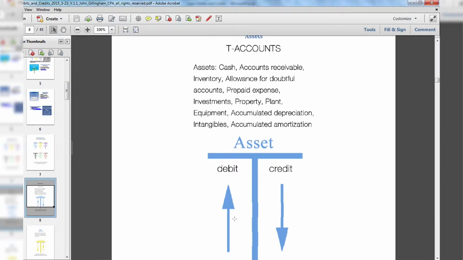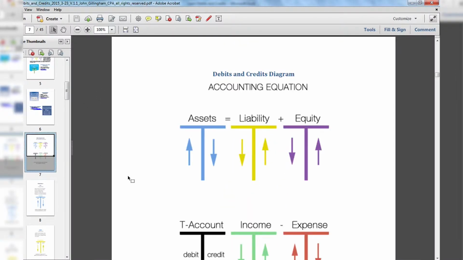Assets increase with a debit, decrease with a credit. These are common assets: cash, AR, inventory, things that are valuable to the business. Now, I'm going to take one step up to this very famous diagram.